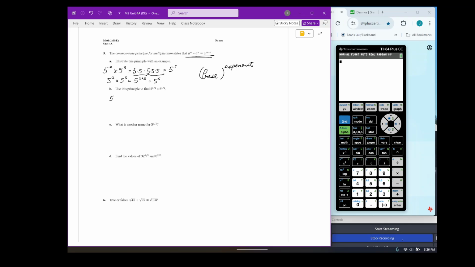So 5 to the 1 half times 5 to the 1 half. Well, if we use this rule, they have a common base, so I can add the exponents together. So this becomes 5 to the 1 half plus 1 half. And a half plus a half is 1. So this becomes just 5 to the first, which is 5.